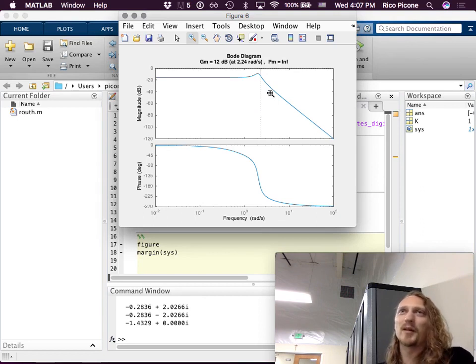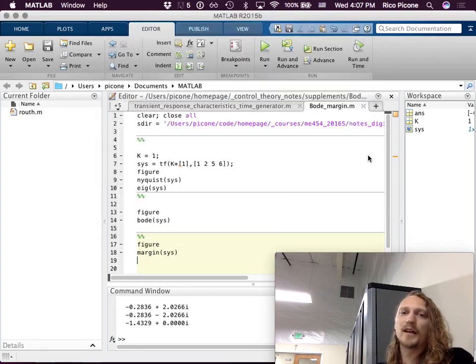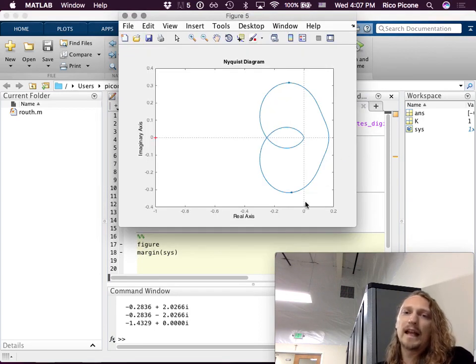So that's my problem. The phase margin is not defined for this system. And that's because if you look at the Nyquist plot, it never goes outside of the unit circle, right? So the phase margin is not going to be defined because it never leaves the unit circle and then enters it before it comes in to here. But the gain margin will still be defined.